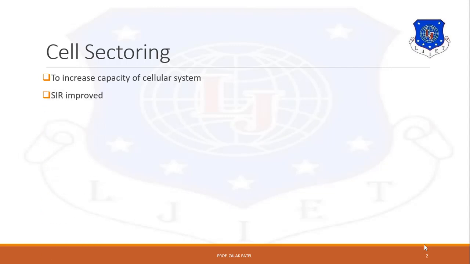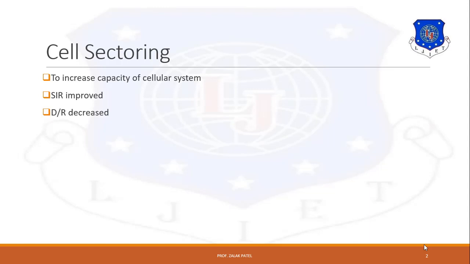Cell sectoring is basically used to improve the signal to interference ratio. Here the size of the cluster in a particular service area can be reduced because cell sectoring increases the signal to interference ratio. In cell sectoring, the radius of the cell is kept constant and the co-channel reuse ratio, D by R, is decreased.